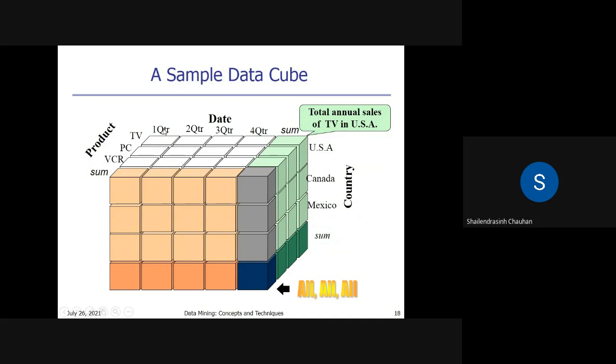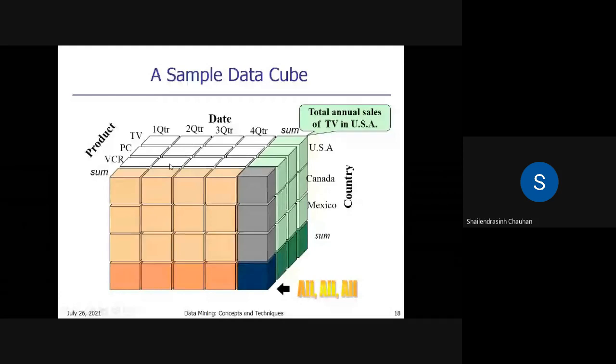In first quarter, how many TVs plus PCs plus VCRs I have sold in USA. In USA, in third quarter, how many PCs, TVs, and VCRs I have sold. This is representing what? In USA, in fourth quarter, how many TVs plus PCs plus VCRs I have sold.